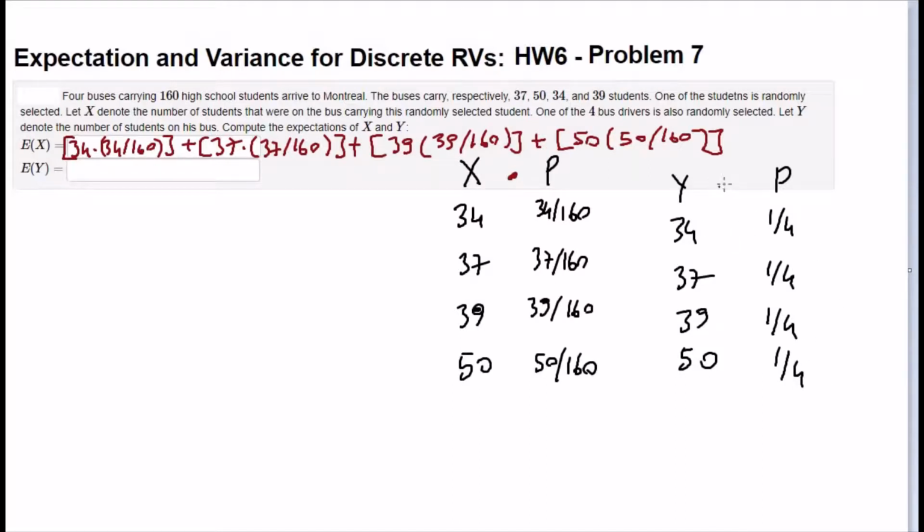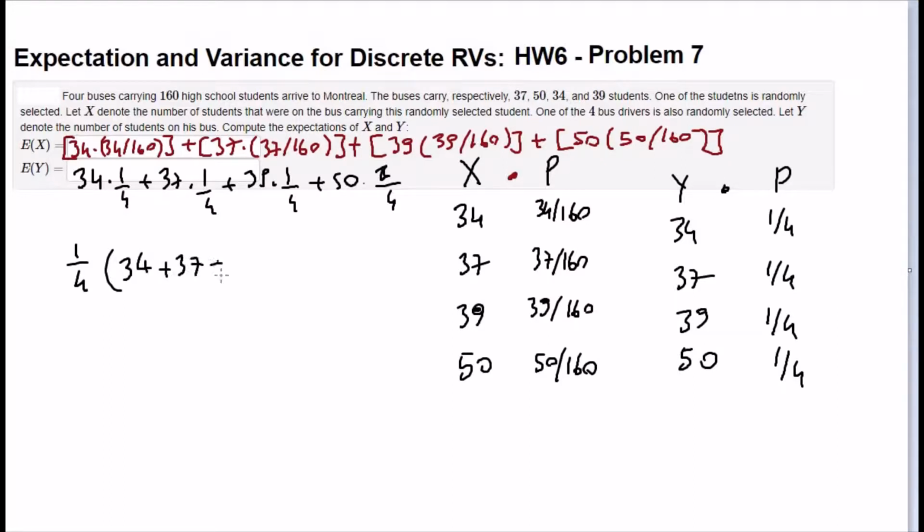And then the expectation of Y by definition is going to be y times p, which is 34 times 1/4 plus 37 times 1/4 plus 39 times 1/4 plus 50 times 1/4. And if you would like to condense it, you can make it 1/4 times (34 plus 37 plus 39 plus 50).